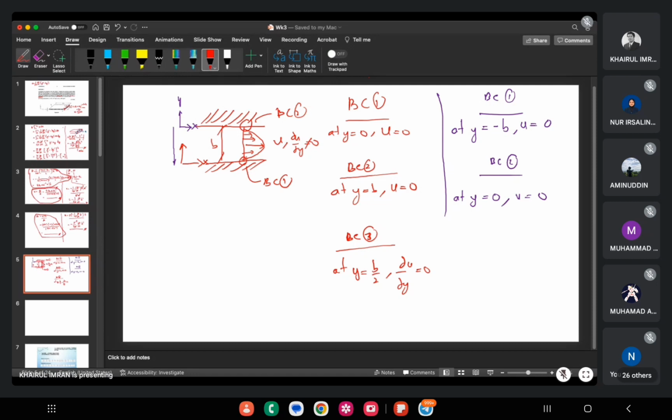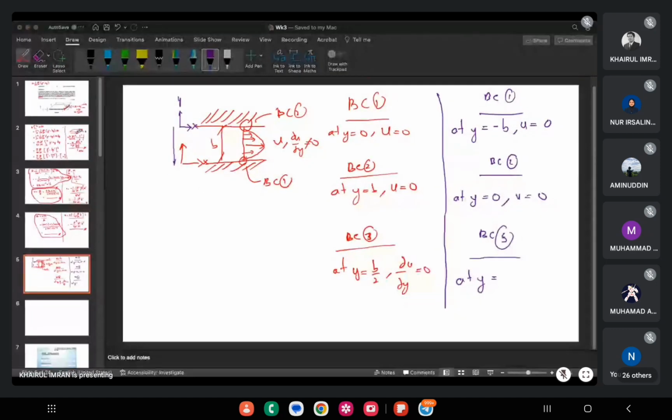So for the case of BC3 for the purple origin, the top is BC3. Now at Y equals to, who can get it? Negative B over 2.